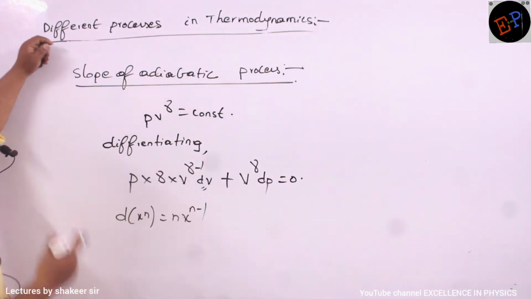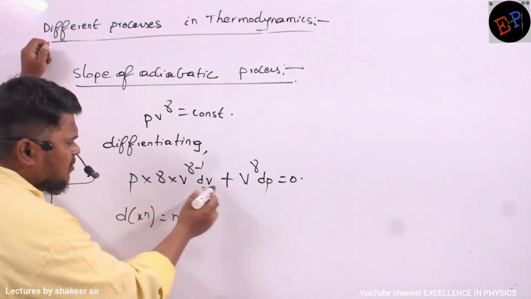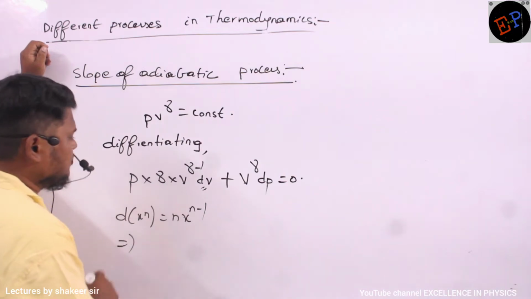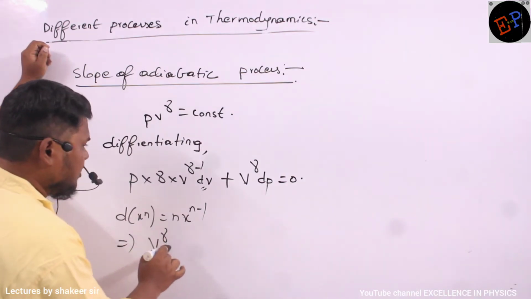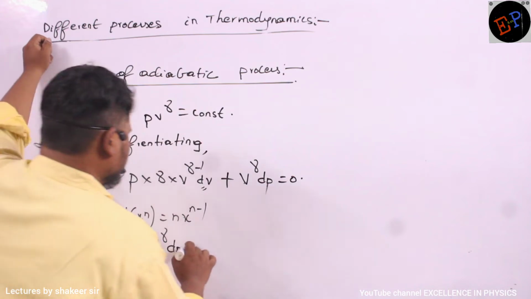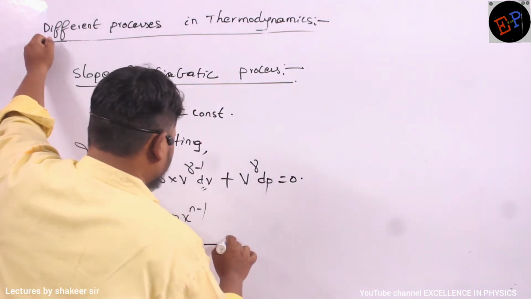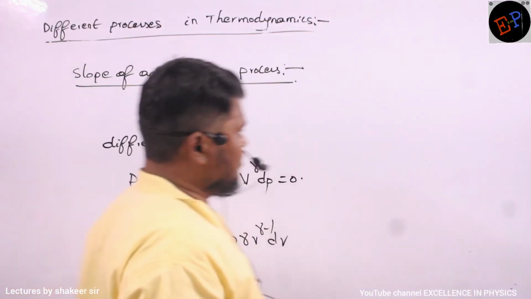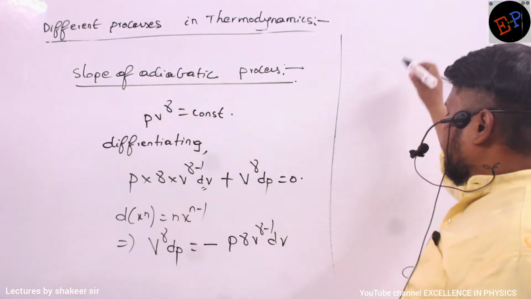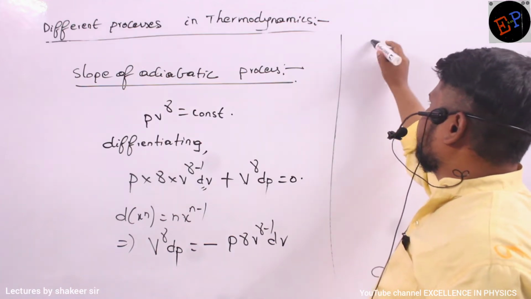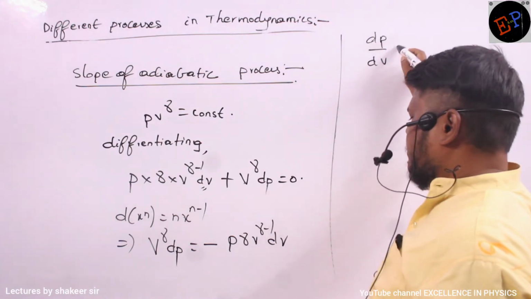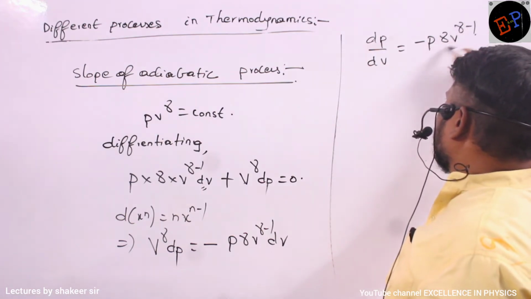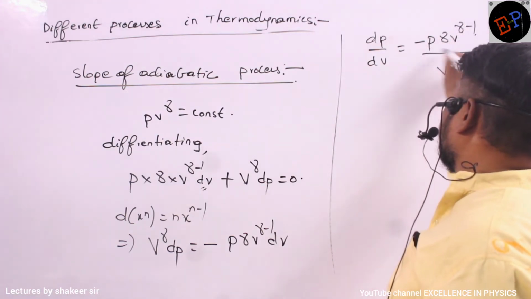Now see. What do I want to calculate? I want to calculate dP by dV. That is the slope of any graph. So V power gamma dP is equal to negative of P gamma V power gamma minus 1 dV. Now if you take dP by dV on one side, dP divided by dV is equal to minus P gamma V power gamma minus 1 divided by V power gamma.